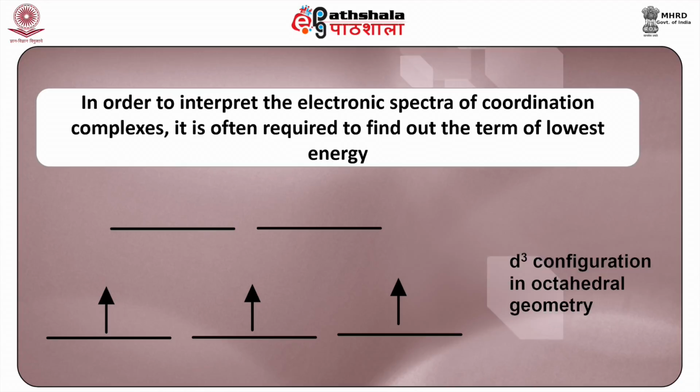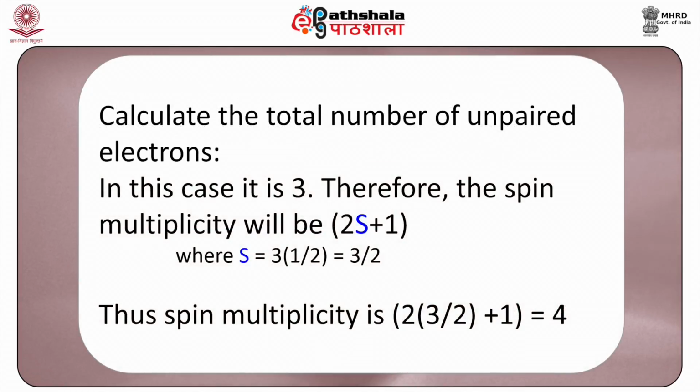First of all, we are going to represent the valence electrons in various energy shells. According to the d3 configuration, the next step will be to calculate the total number of unpaired electrons. In this present case, it is going to be 3.